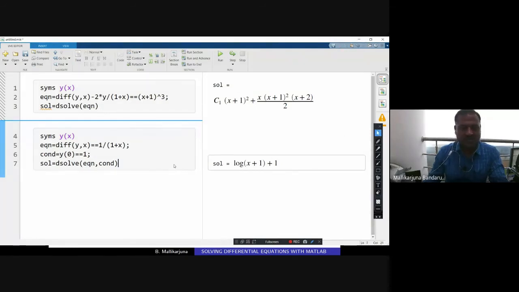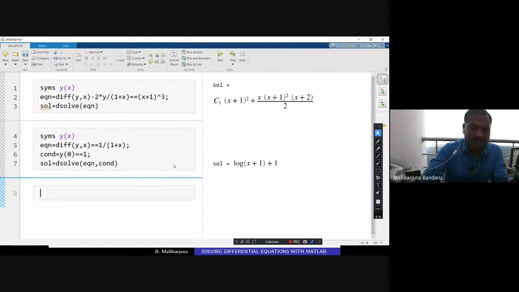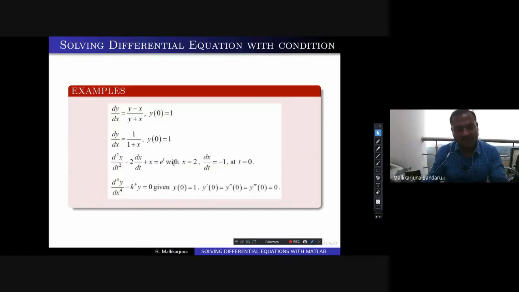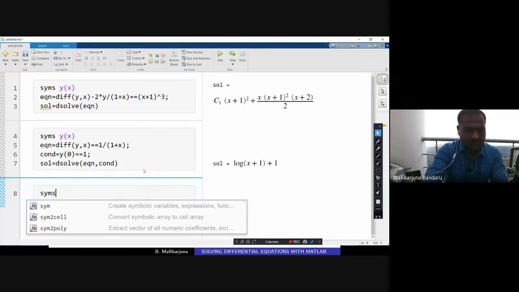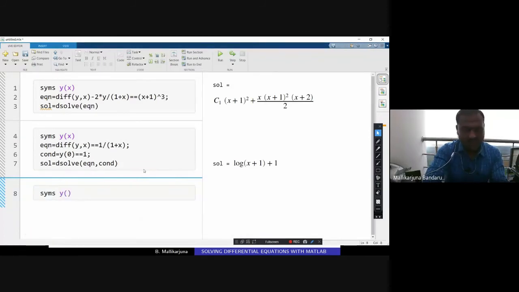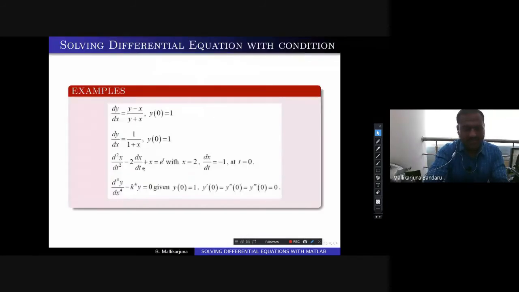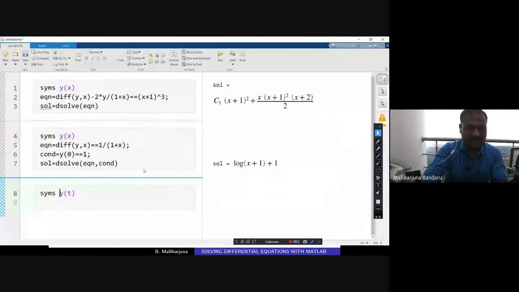Okay, suppose the order is more than one. Let us go for the third one, the second order: d square x by dt square. Here the independent variable is t and the dependent variable is x.